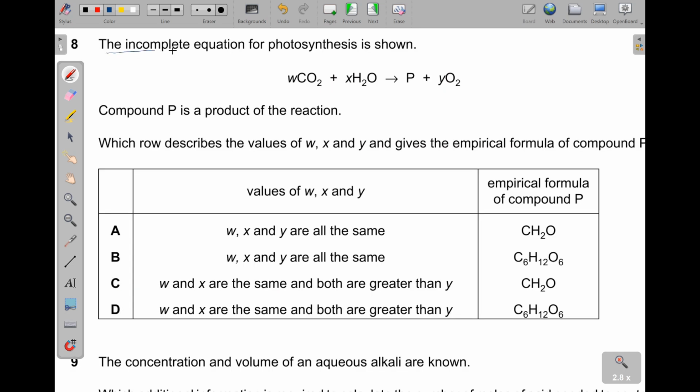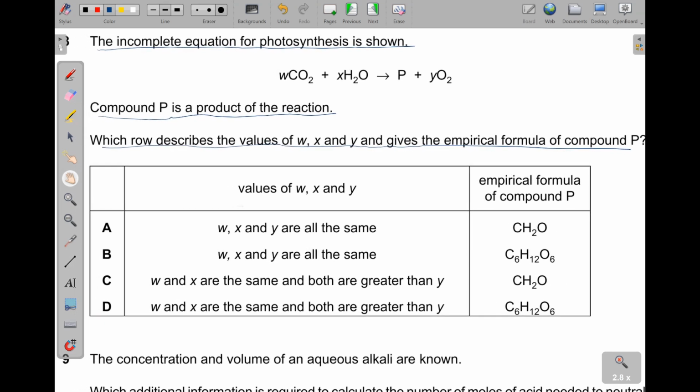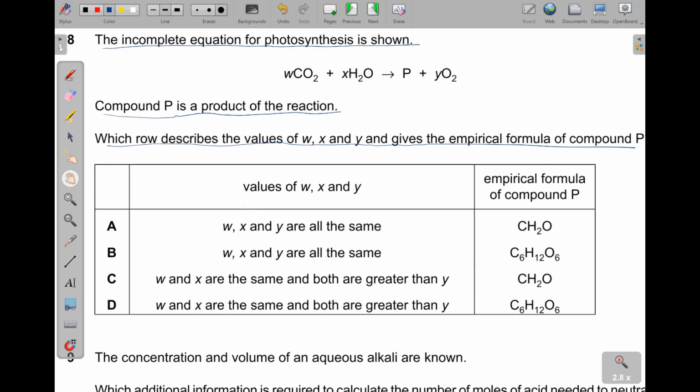Question 8. The incomplete equation for photosynthesis is this one here. Compound P is a product of the reaction. Which row describes the values of W, X, and Y and gives the empirical formula of compound P? Now, if this is photosynthesis, then we are forming glucose.